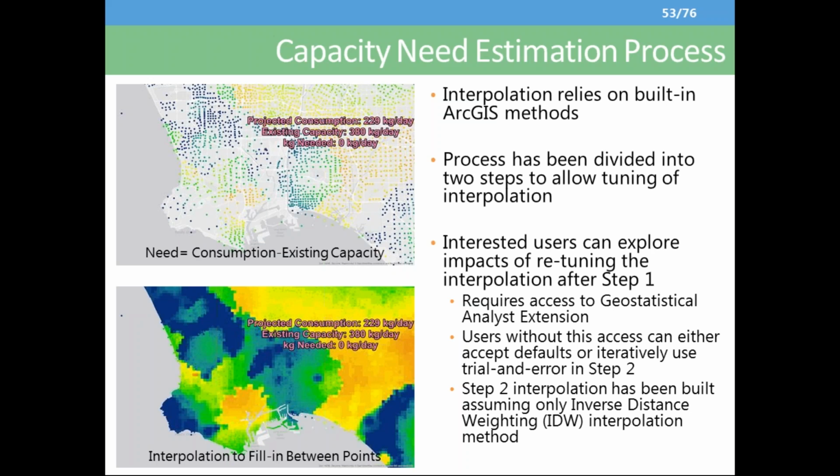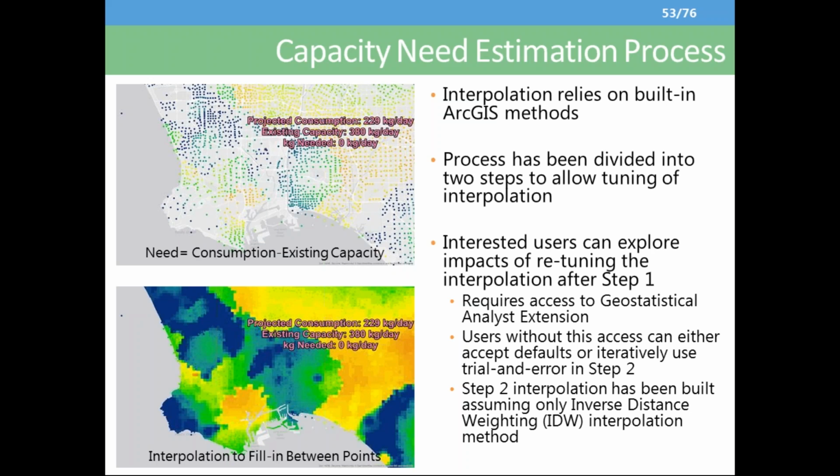Within the CHIT 2017 process, this has been divided into 2 steps. This allows tuning of this interpolation step. We do assume a standard interpolation method, called inverse distance weighting, but we want to allow the user, in case they have new input data or new weightings or new information, to have a chance to retune that.